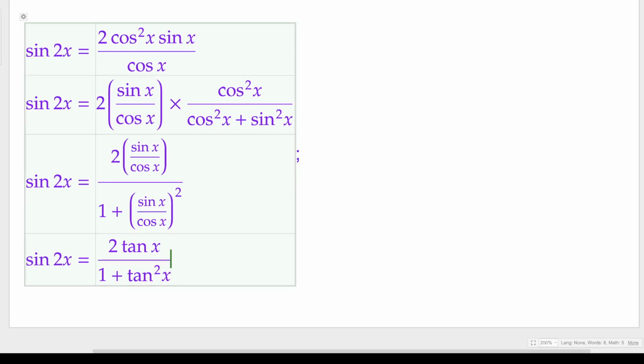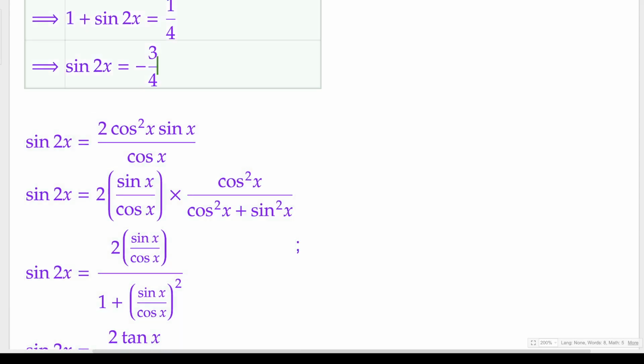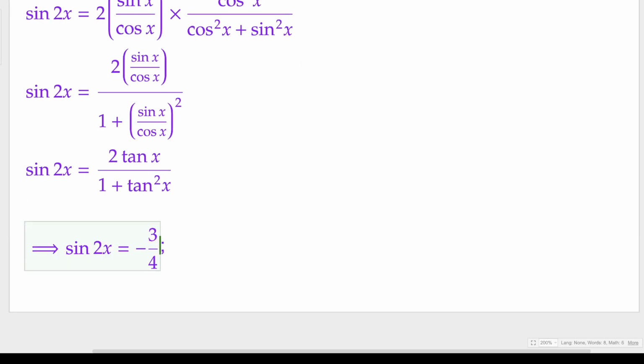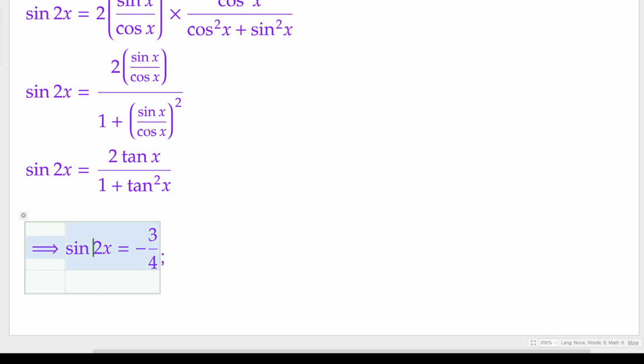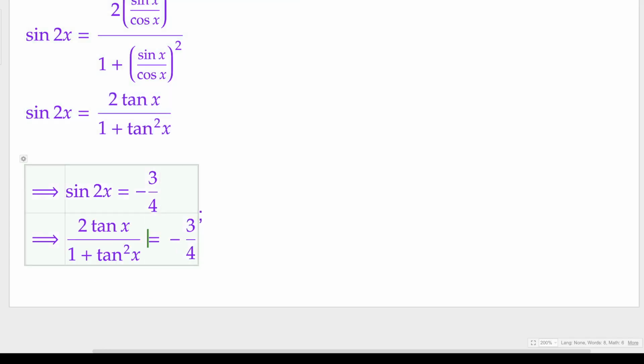This is the final relationship that we got. Now we have already computed sine 2x as negative 3 over 4, so I'll take this and proceed further. If I write sine 2x in terms of tan x, which I have got here, I'll replace it over here.